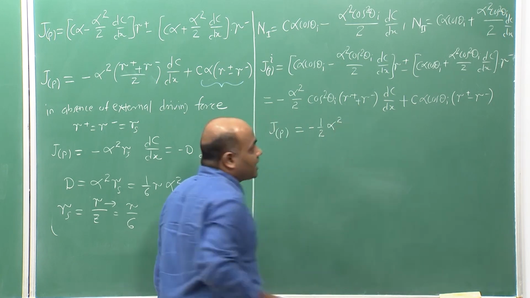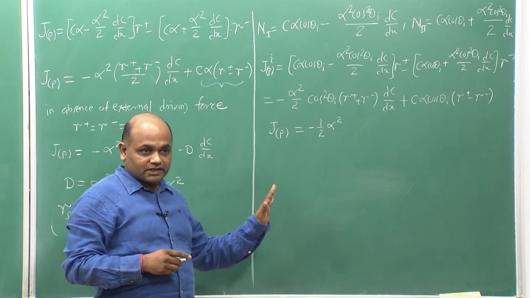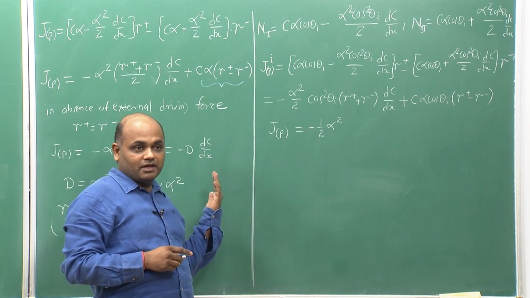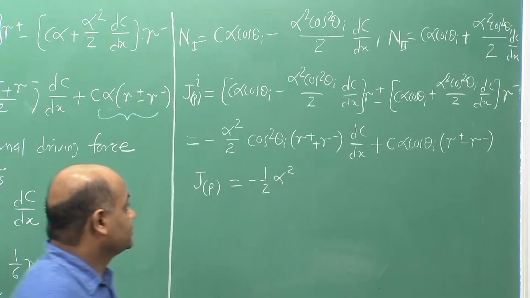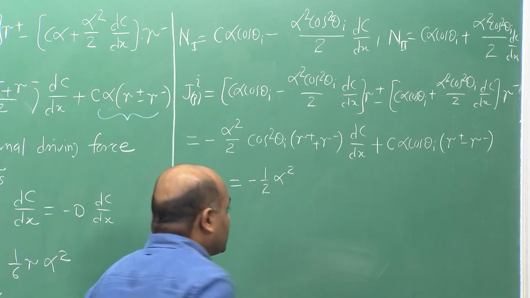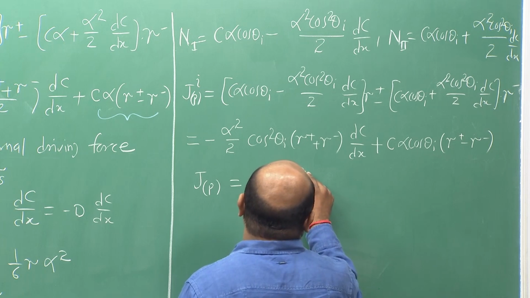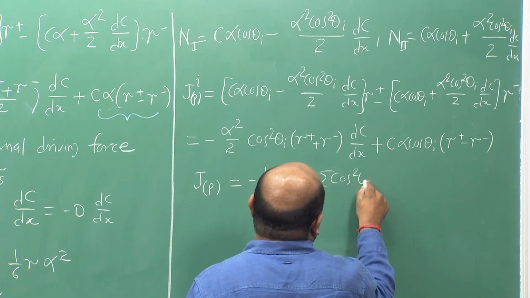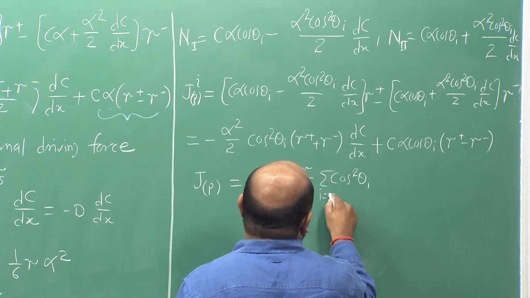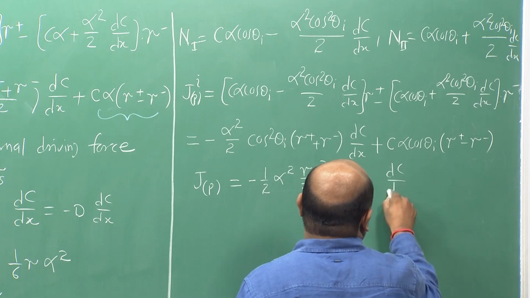Now, this will be 2 gamma, but then only half of the jumps will be in the plus x direction, the remaining half will be in the minus x direction. So, we need to divide by half, and that gamma s becomes gamma by z: alpha square gamma by z, sigma cos square theta I, I equal to 1 to z, dc by dx.